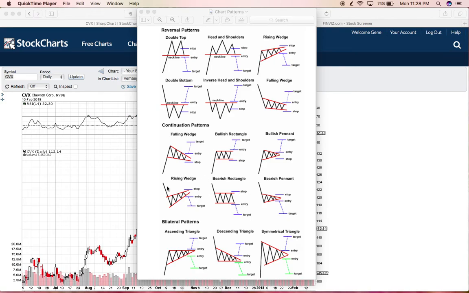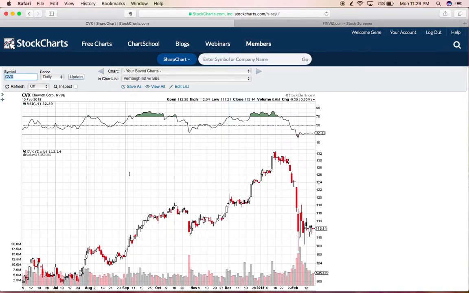So these are chart patterns, and let me show you a few in real life. This is Chevron. In the last video, we looked at this chart, and Chevron has a couple of patterns. In December, it had a flag pattern.